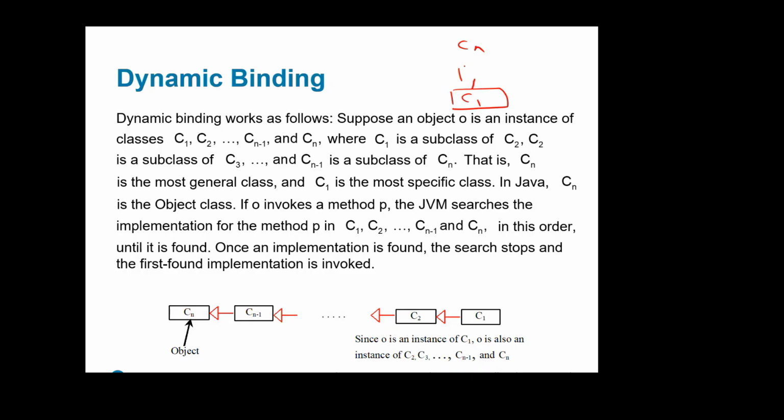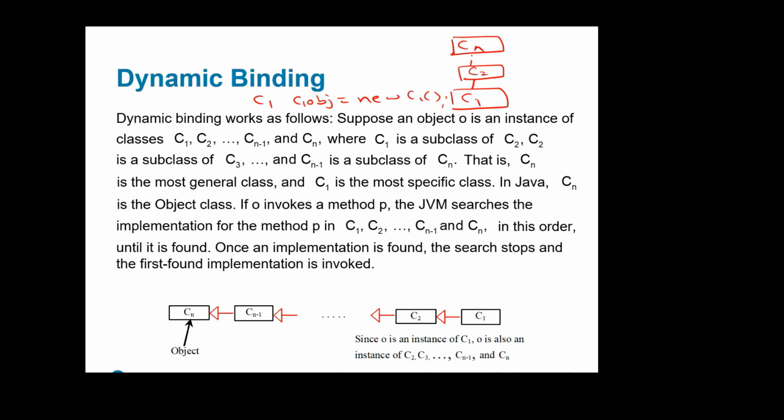So in other words, C2 is a parent of C1, and so on up to n. So let's say there are up to n levels of simple inheritance. And now if we create one object of C1, saying C1 obj equals new C1.